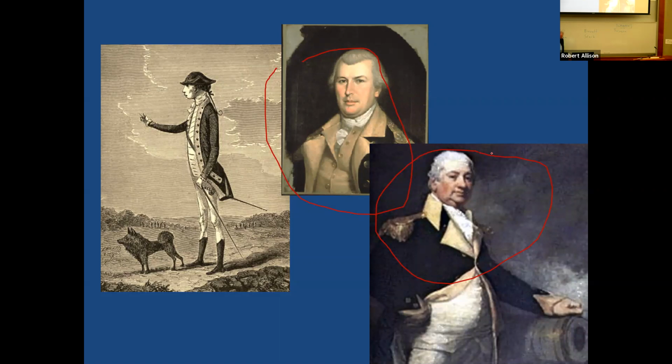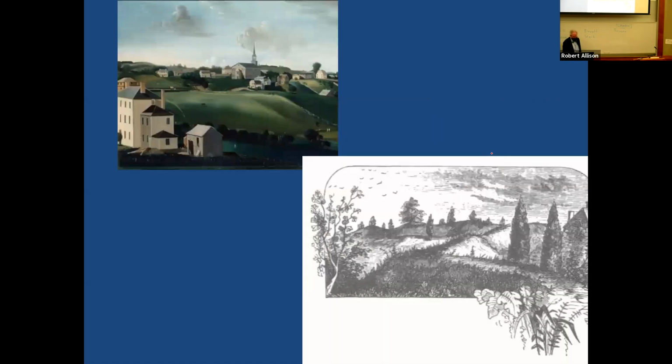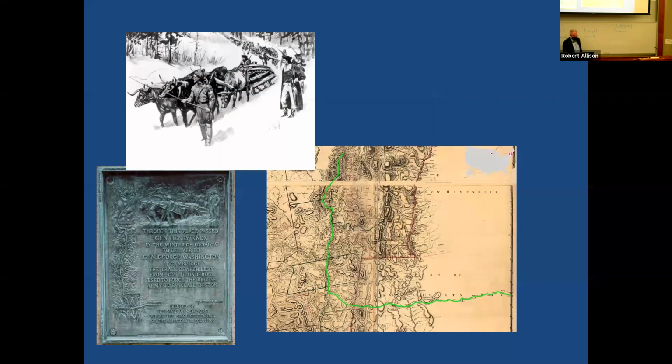Knox had run a bookstore in Boston before the war, which did have a lot of books on military science and other things. And Washington realizes that in order to get the British out of Boston, he is going to need artillery. And of course, the problem is there isn't any artillery handy.